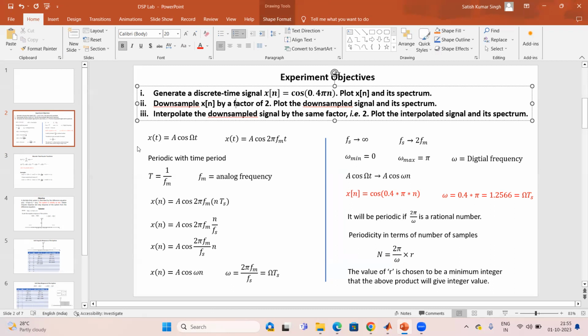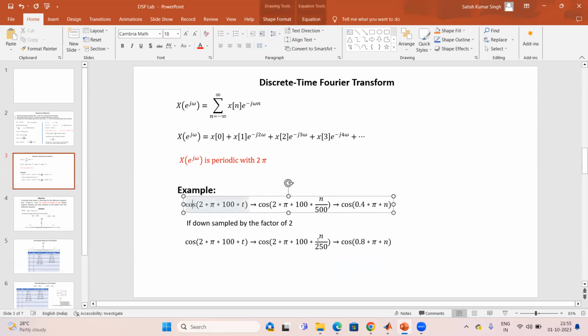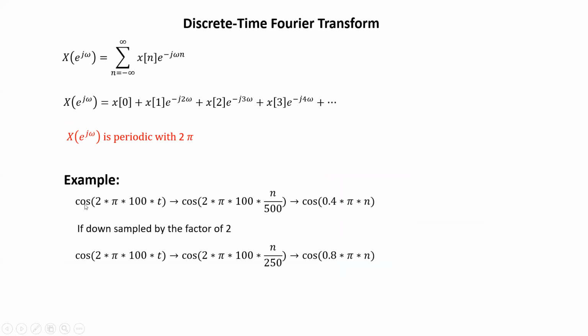Let us try to see this with an example. Suppose we have a signal cos 2 pi 100t, which is our continuous time signal, with an analog frequency of 100 hertz.